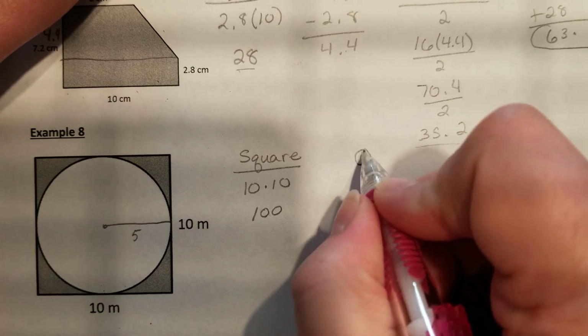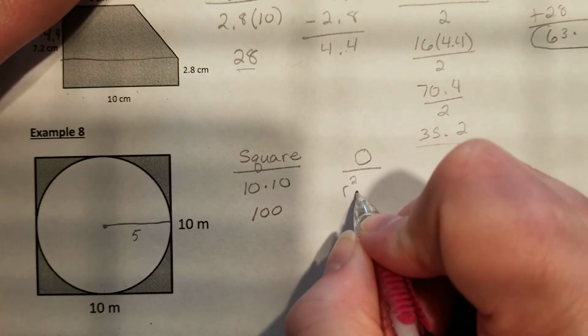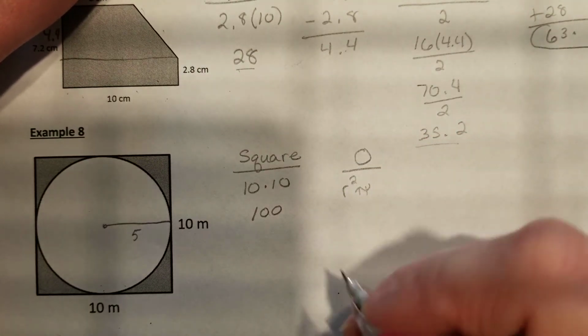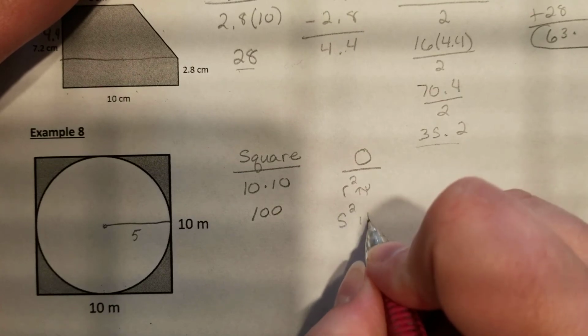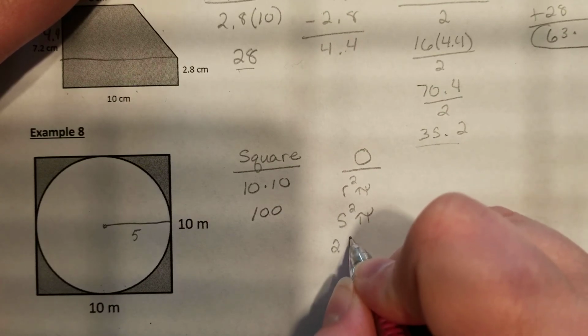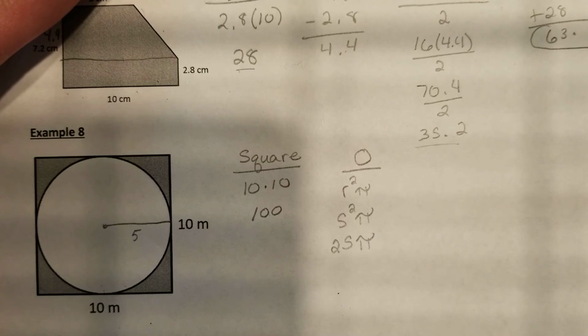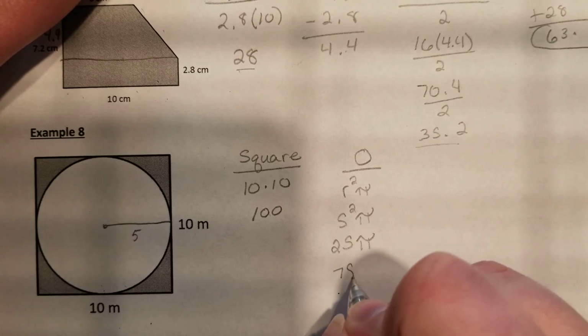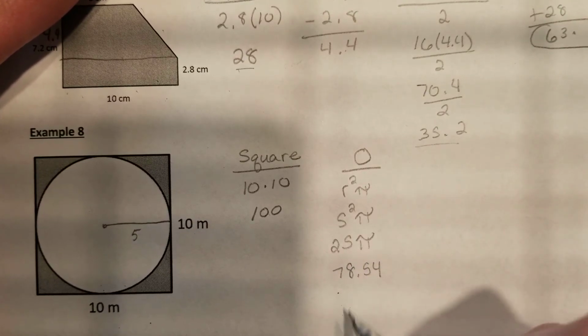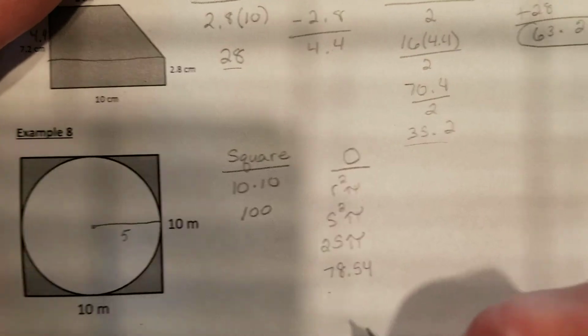So just to find the area of the circle, we're just going to use radius squared times pi. So we have 5 squared times pi, which becomes 25 pi. And 25 pi is 78.54. And now that we have the area of the two, you're going to subtract.